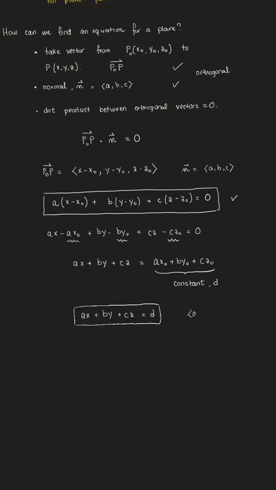So a, b, c is our normal vector, and d really gives us the location of the plane. Now, in practice, we're always going to use this form and set up the dot product equal to 0, and then as we clean it up in each example, we're going to finalize with this form of the equation of the plane.